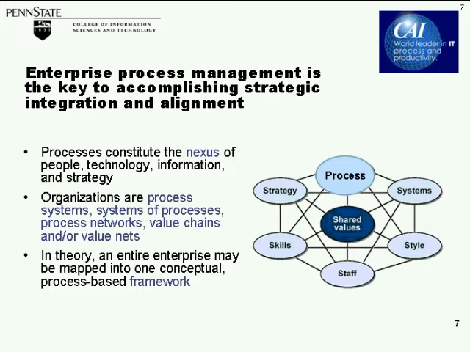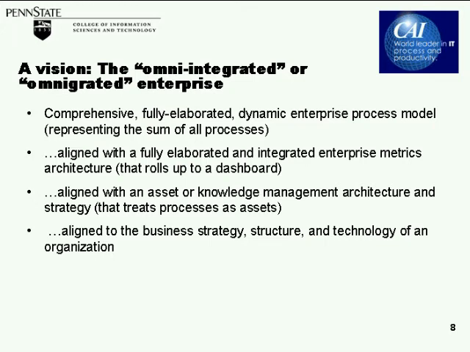Next slide, please. So what I'm proposing is I hold a vision, and it's of this thing I call the omnigrated enterprise, which would imply that you had some grasp of the entire set or portfolio of business processes under your stewardship. It would be the sum of all processes.